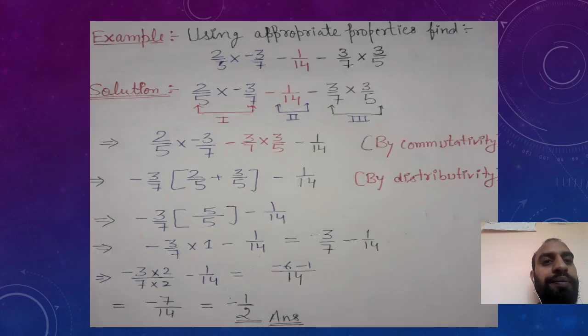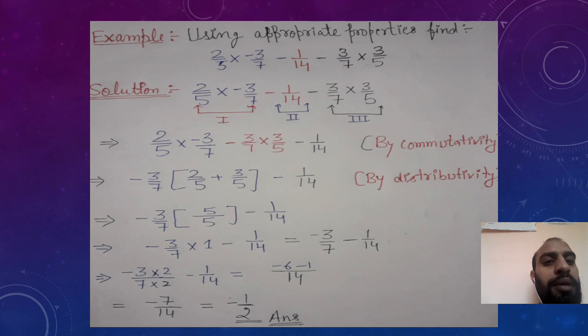First example, using an appropriate property, find. It is given as 2 upon 5 multiplied by minus 3 upon 7 minus 1 upon 14 minus 3 upon 7 into 3 upon 5. You can see I have selected here three colors: blue, red and black, so that we can distinguish the terms.